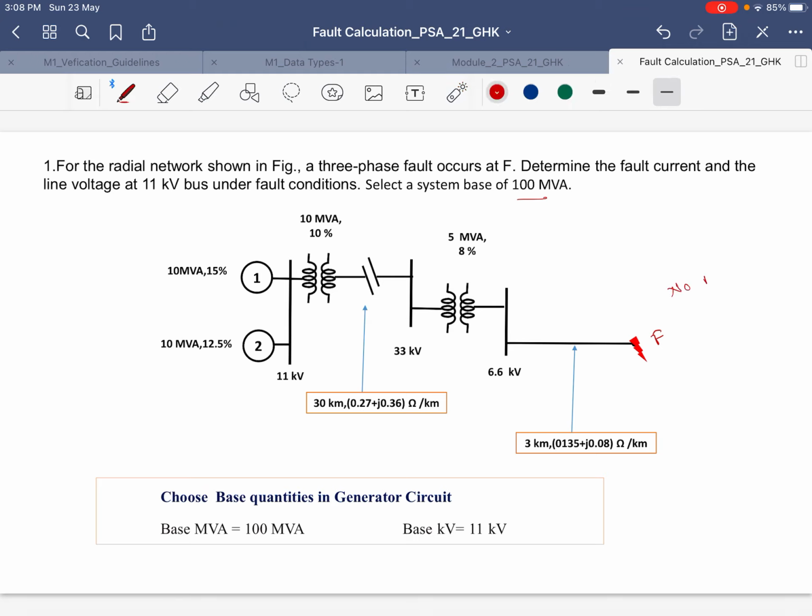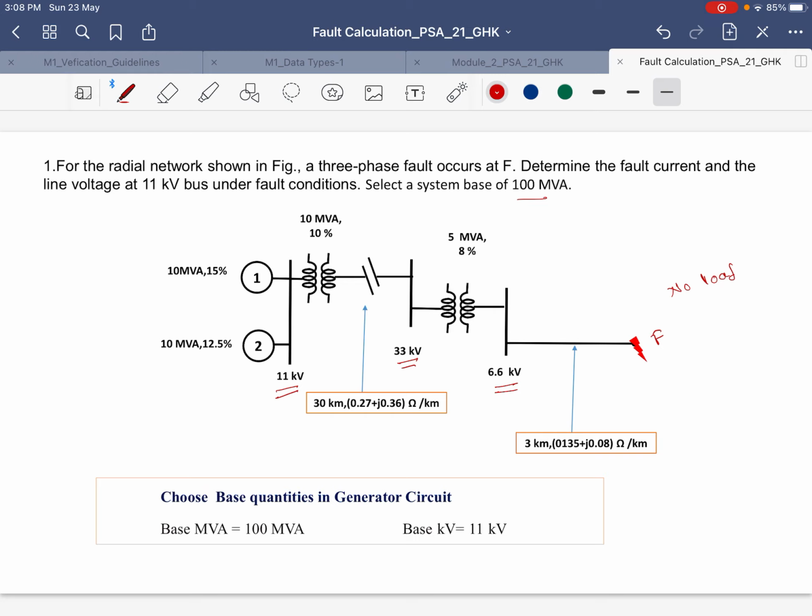I told you that under no load, the voltage at different points of the circuit is unchanged. Means it is 11 kV here, 33 kV here and 6.6 kV here.